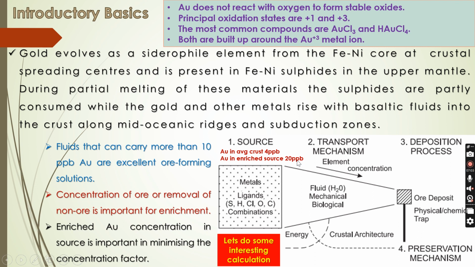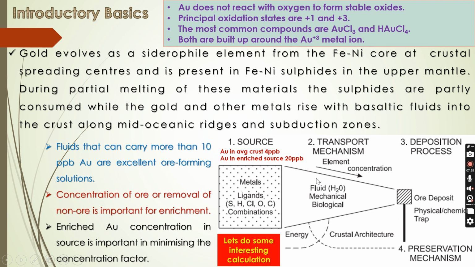So when that enriched source suffers certain fluid action, it will be easier for it to play an important role in further mineralization compared to the crustal source, because in the source, metals, ligands and combinations should be present.